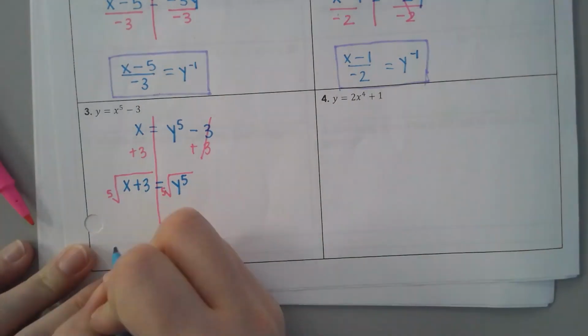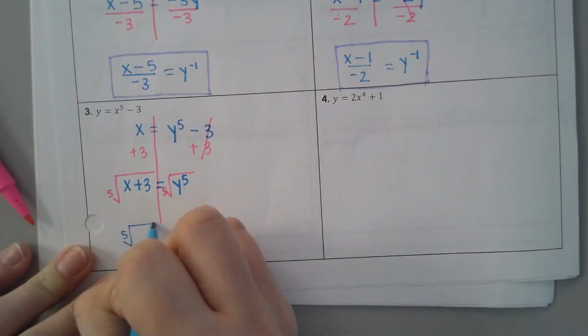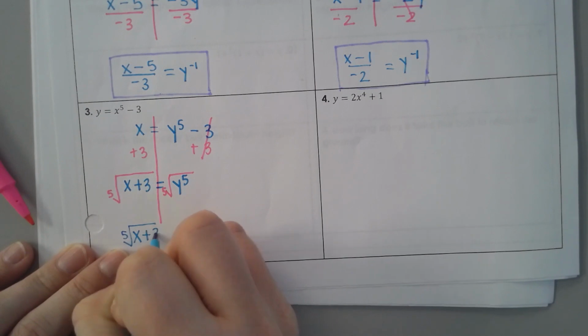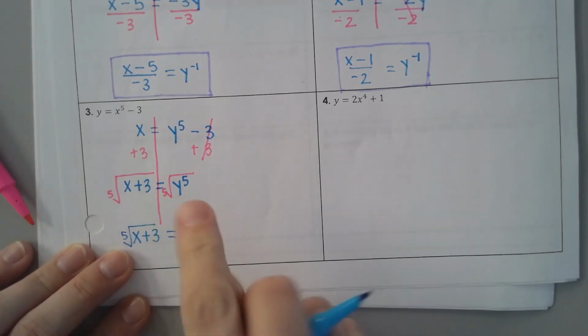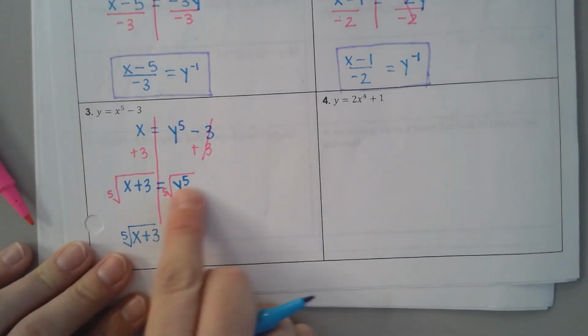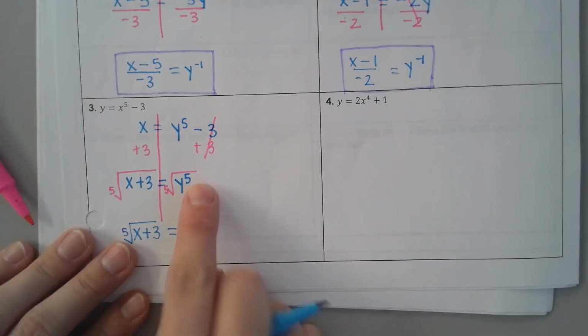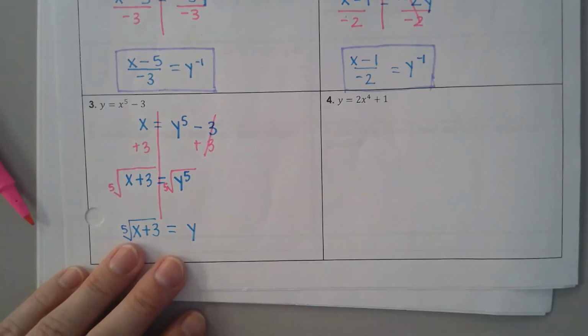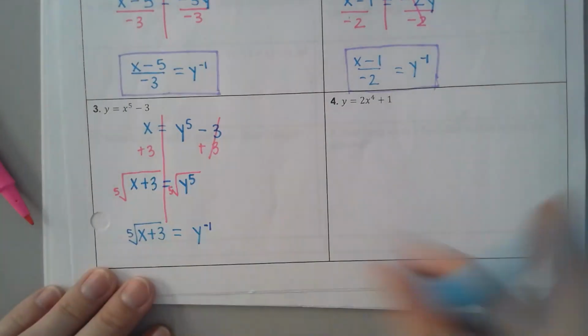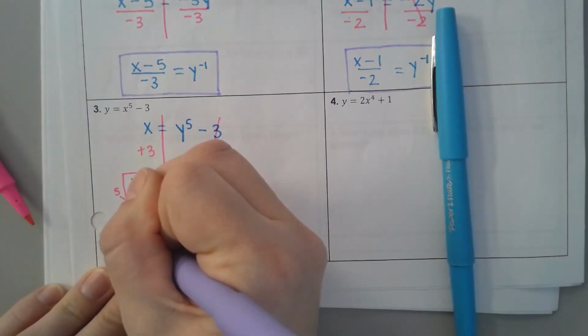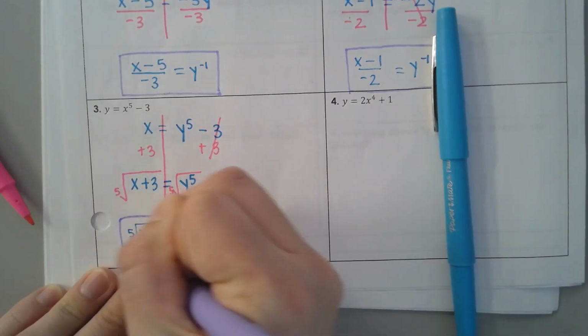So we have the 5th root of x plus 3 equals y. That 5th root basically canceled out the exponent of 5. Then I can just give my inverse symbol, and I'm done. What makes it an inverse?